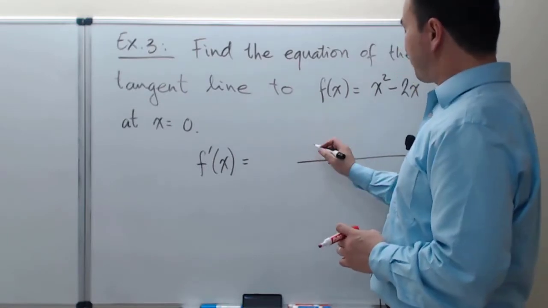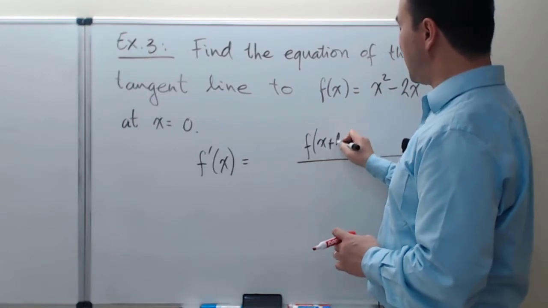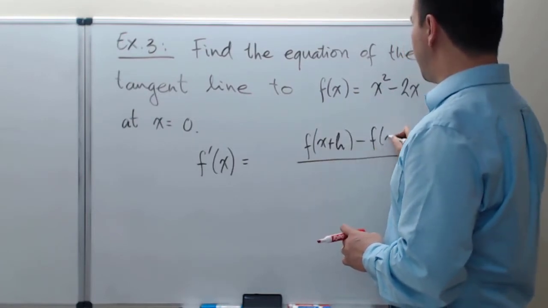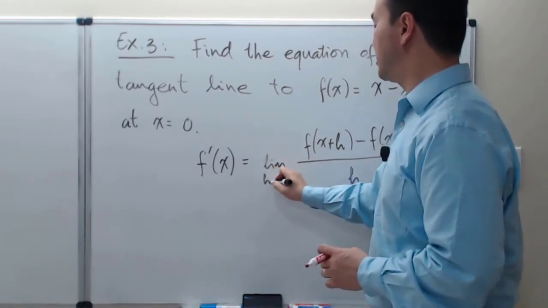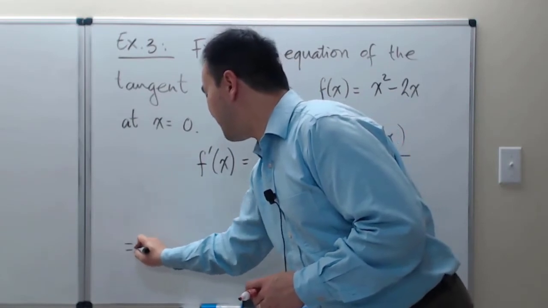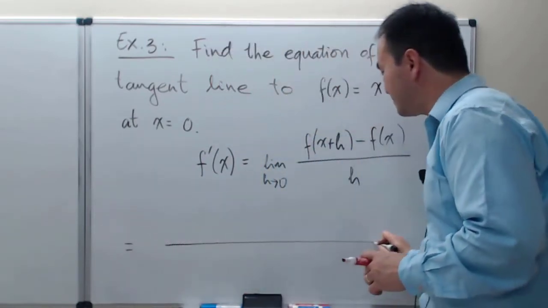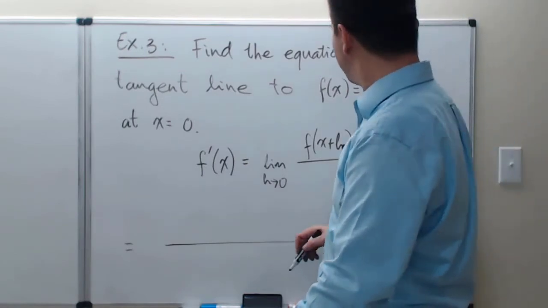So for our derivative, we have to go with f of x plus h minus f of x over h, and take the limit as h goes to 0. Now setting it up into our function, I have to produce a pretty long fraction bar over here.